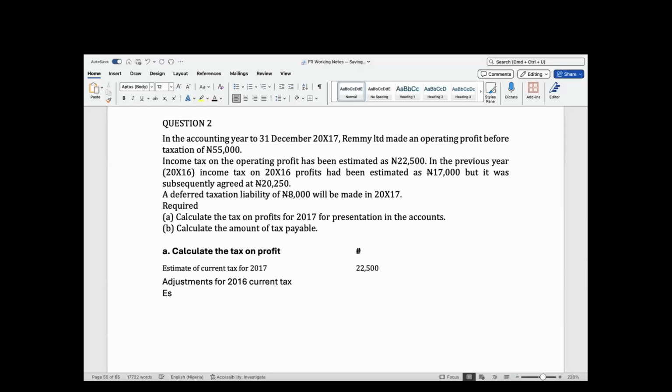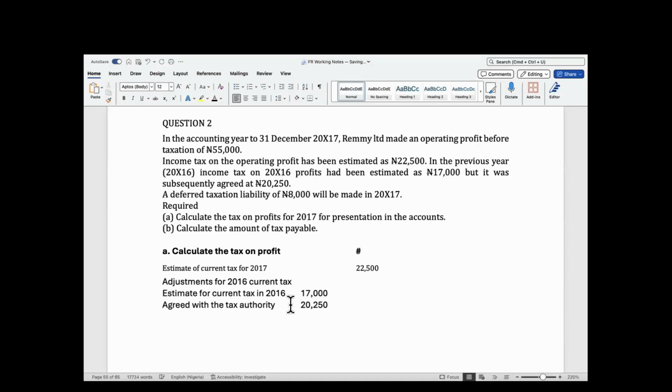Because the estimate of current tax in 2016 was how much? 17,000. Then agreed with the tax authority was how much? 20,250.